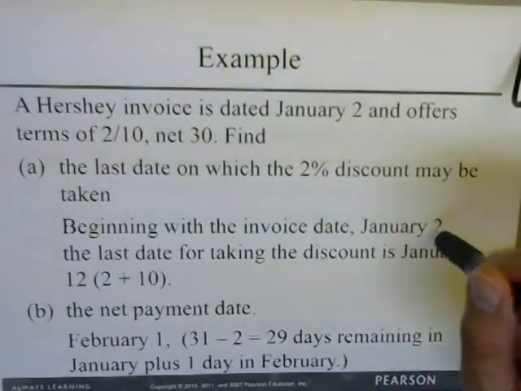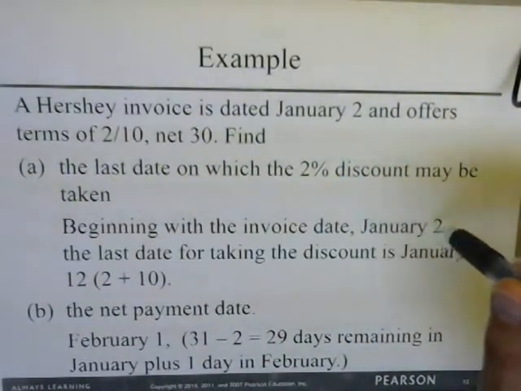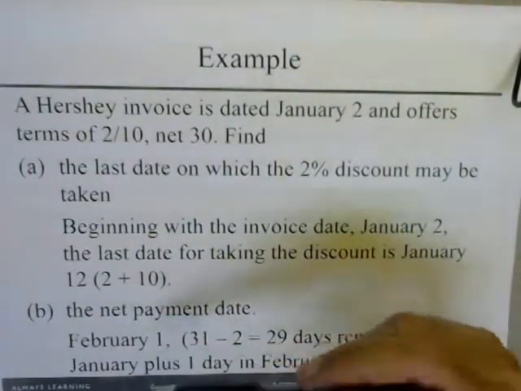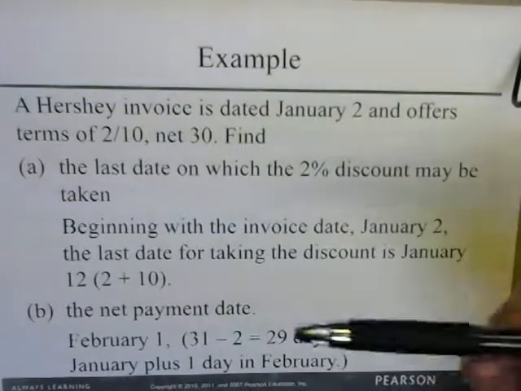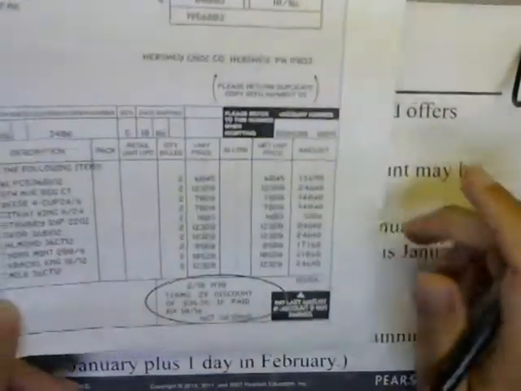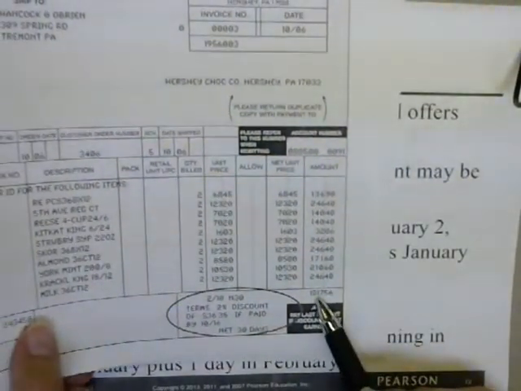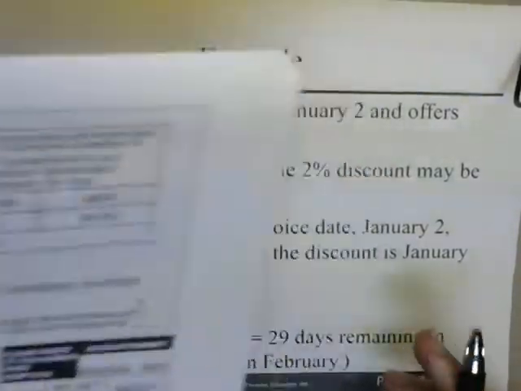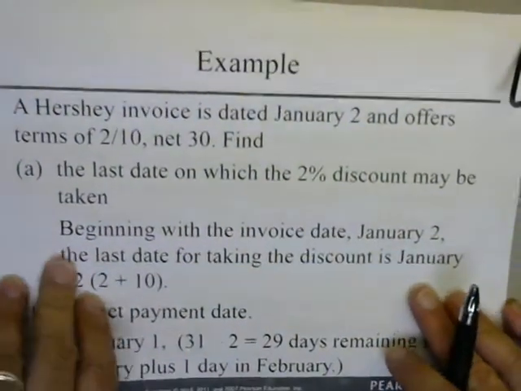So what's 30 days after January 2nd? Well, January has 31 days in it. So if you take 2 plus 30, that'll put you at February 1st. So they have until February 1st to pay the total amount, which would be $1817.56. Otherwise, they may have to pay extra.